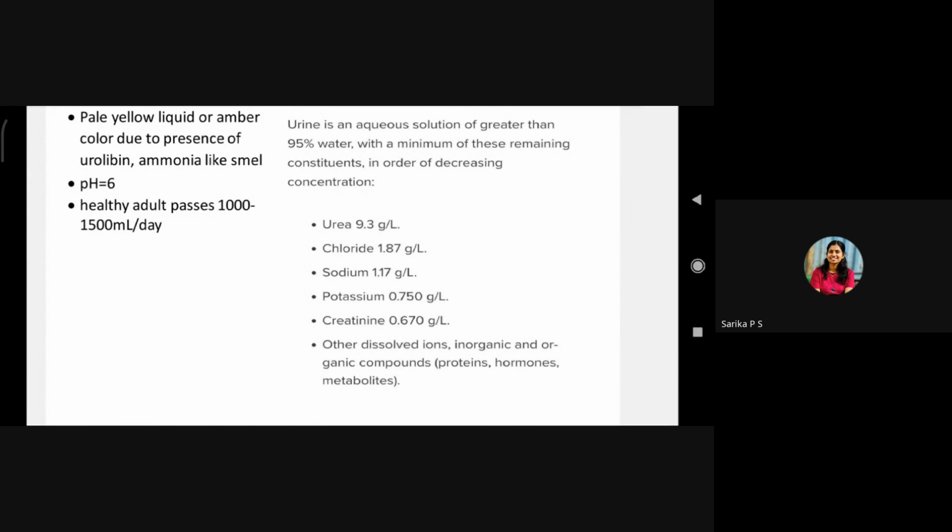What are the constituents? Urea, chloride, sodium, potassium, creatinine, other dissolved ions, inorganic and organic compounds like proteins, hormones, and metabolites.